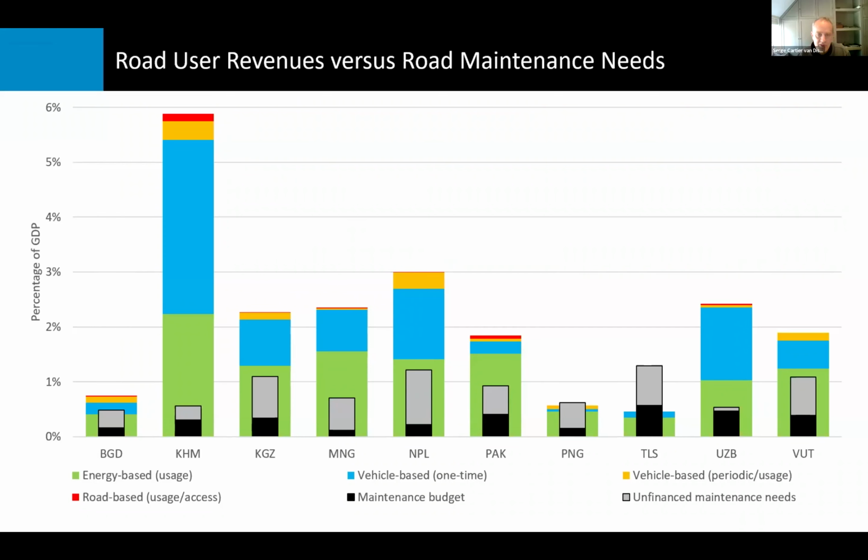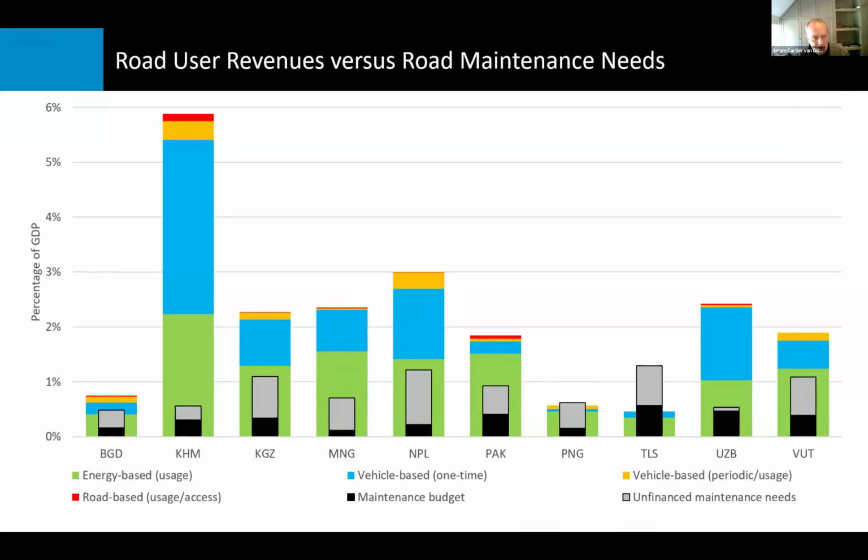Then the periodic revenues, so the annual road registration fee or the annual road tax that is paid by vehicle owners, which is a very important revenue source in my country, for instance, in the Netherlands. We see that those revenue sources are very small in the countries we've studied. And the same goes for road-based revenues like tolling, which is the main one. We see that it is very limited. A lot of countries have plans to introduce a lot of tolling, but it is very limited.